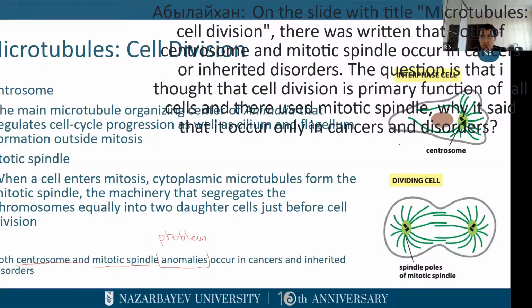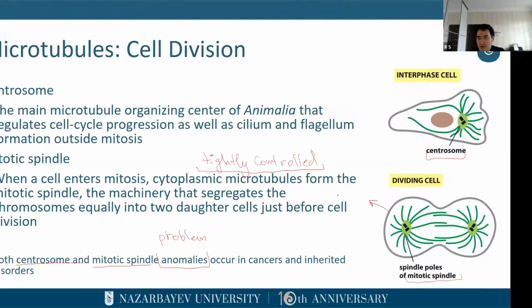Usually, everything that is related to centrosome or mitotic spindle is controlled, so it's a very tight control. If anything goes wrong during the formation of centrosome or mitotic spindle, the cell would prefer to commit suicide.